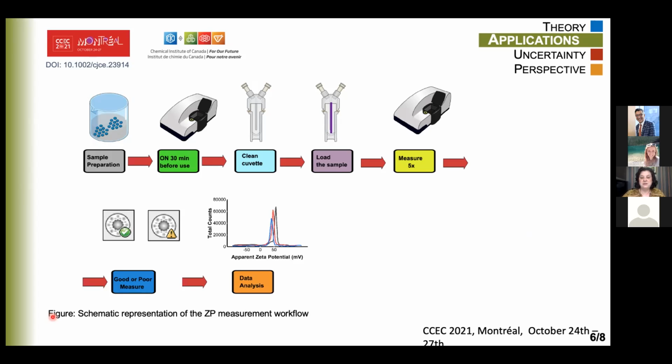However, if you have this alert symbol, it means that you have a poor measurement of your sample. To overcome these poor measurements, you have to think about what can be the sources of errors and the limitations of the technique that maybe you are not paying enough attention to during your measurements.